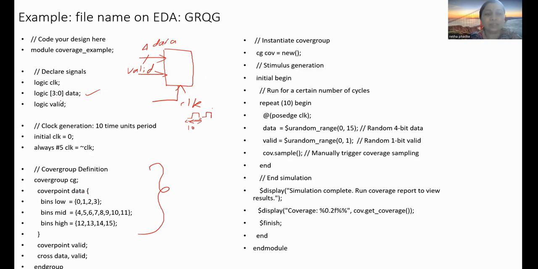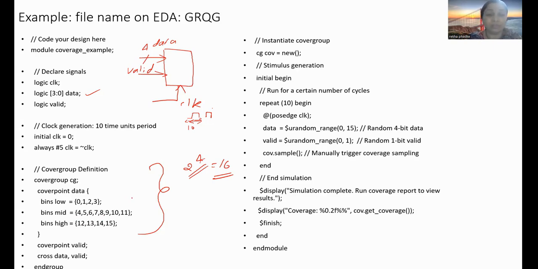This data is 4 bits, so it will have 2 raised to 4, which is 16 different combinations. Now I'm creating bins for these 16 combinations. Bin low covers values between 0 to 3, bin mid covers values between 4 to 11, and bin high covers values between 12 to 15.